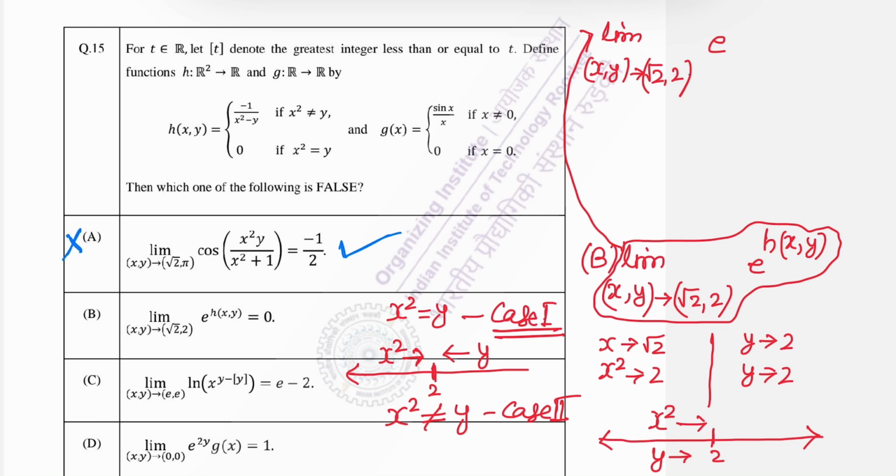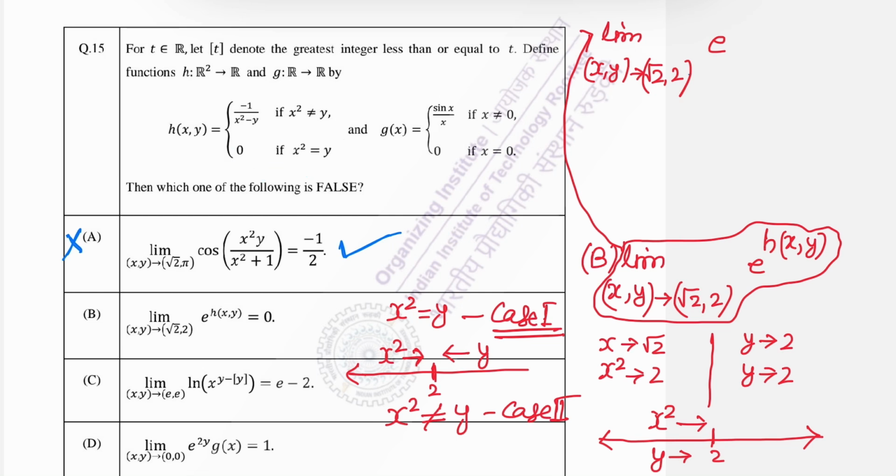So we have two cases. Here you see the first one. In this, x square is equal to y. So according to that, hxy will be 0. See here, x square equals y. This means that our hxy is 0.